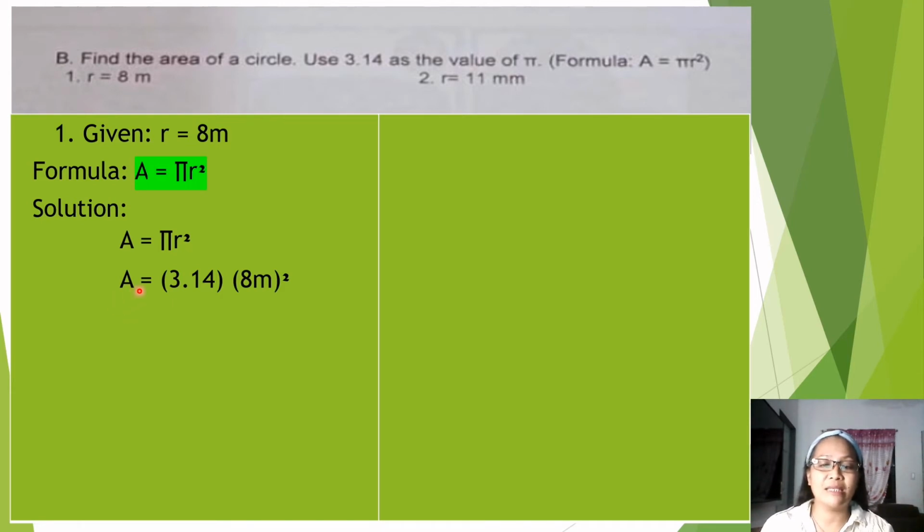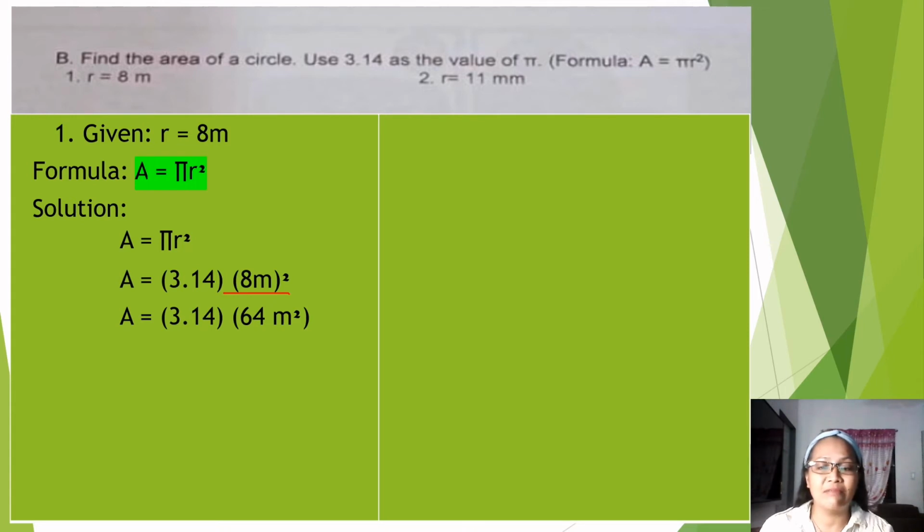Therefore, we have now A equals the value of pi, 3.14, multiplied by the value of r, which is 8 meters, squared. Then applying PEMDAS or order of operation, we will do first the exponent. So we have now area equals 3.14 multiplied by 8 times 8, we have 64.